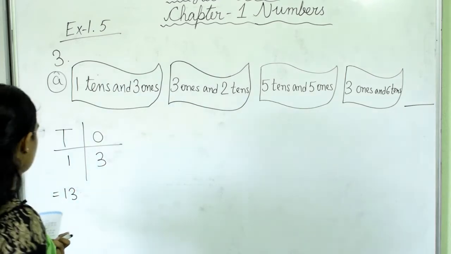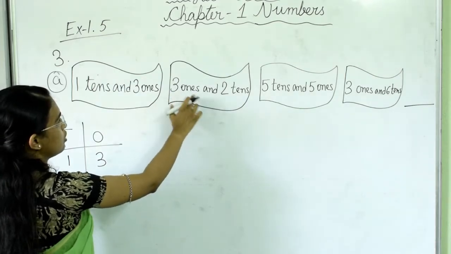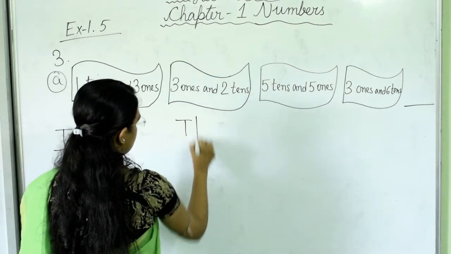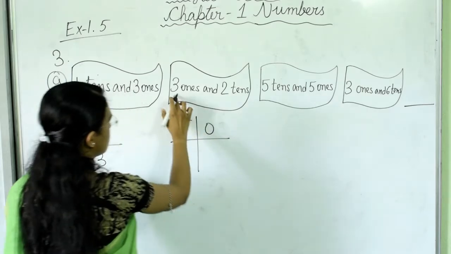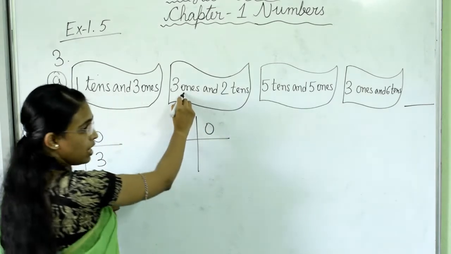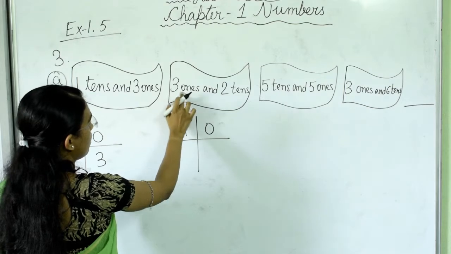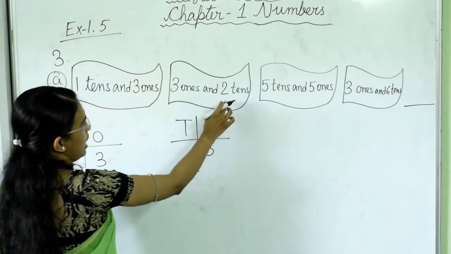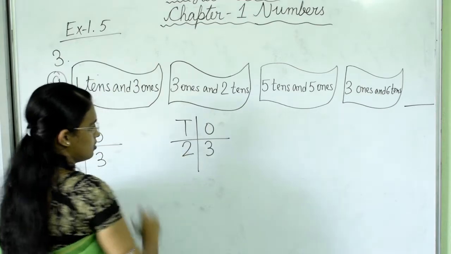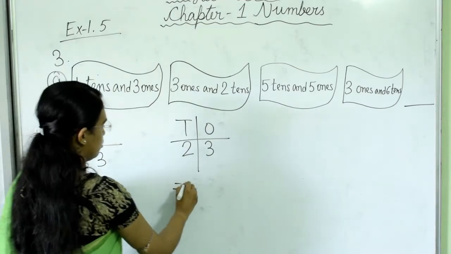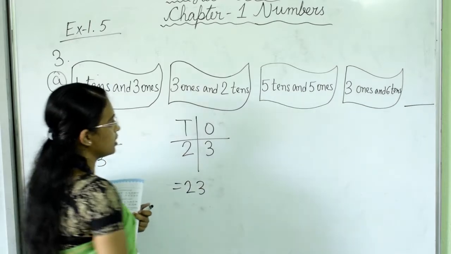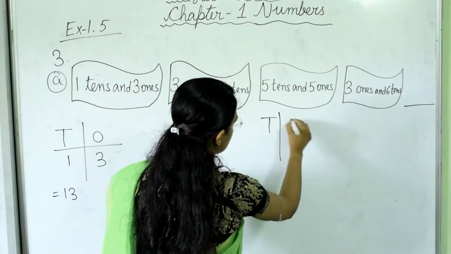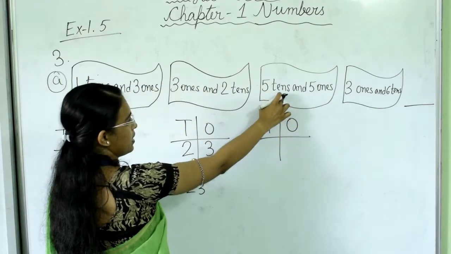So that means 13. Now next is 3 ones and 2 tens. 3 ones, so we have to put 3 in ones place in this way and 2 in tens place in this way. That is 23. Okay, now this part is tens and ones, 5 in tens place.